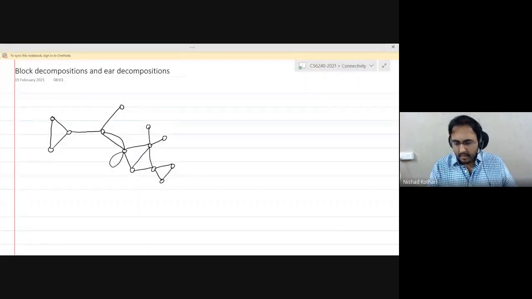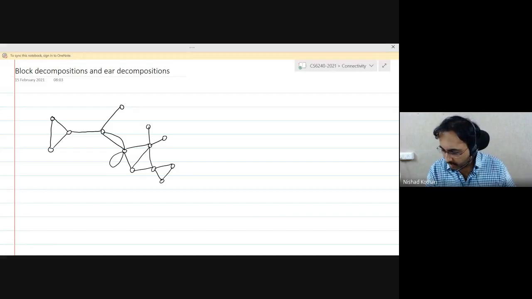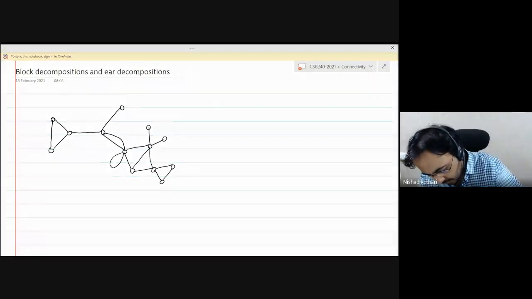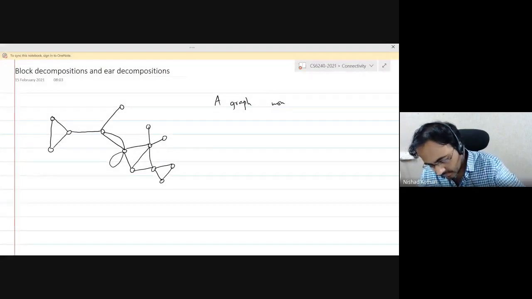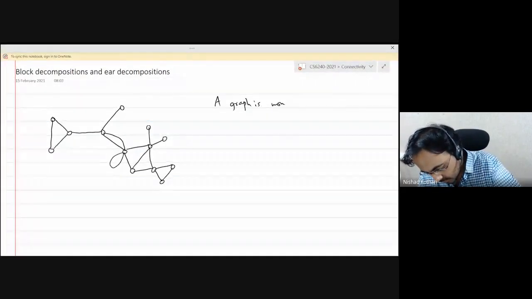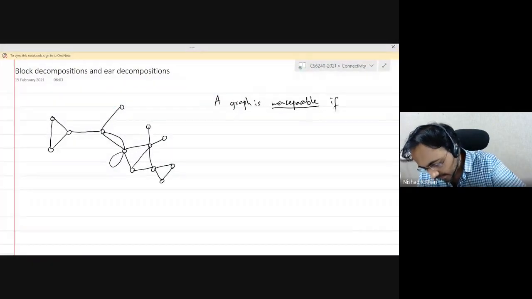I just want to remind you what a non-separable graph is. A graph is non-separable if it is connected and it has no separating vertices.